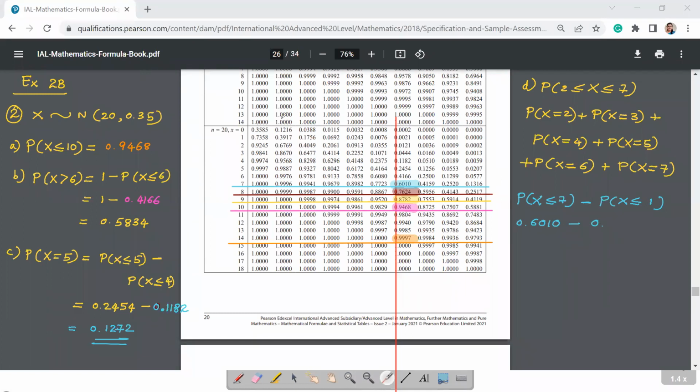So what's the probability X is less than or equal to 1? That's this, right? 0.0021. So what's the subtraction? 0.5989. So this is the probability. Is this clear?